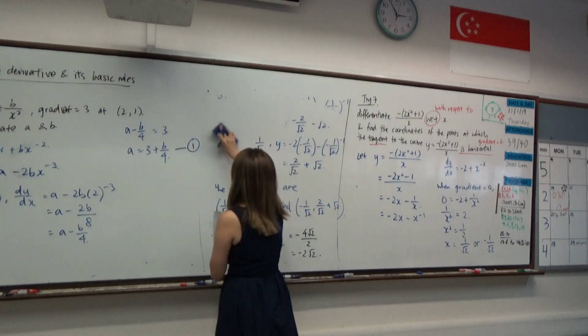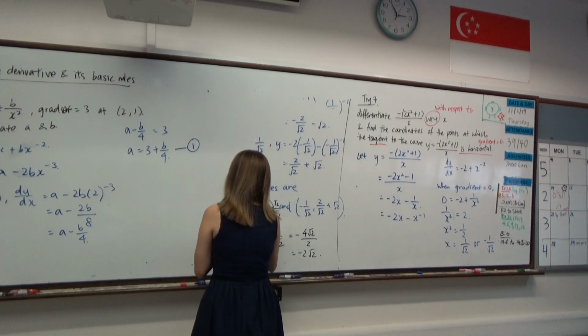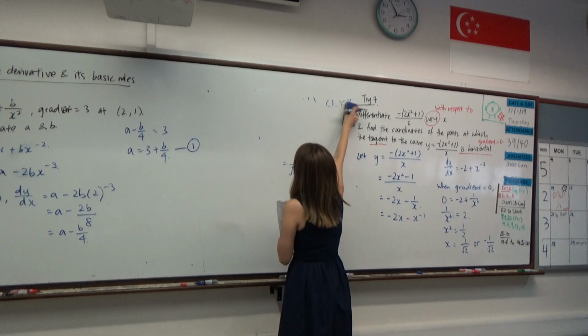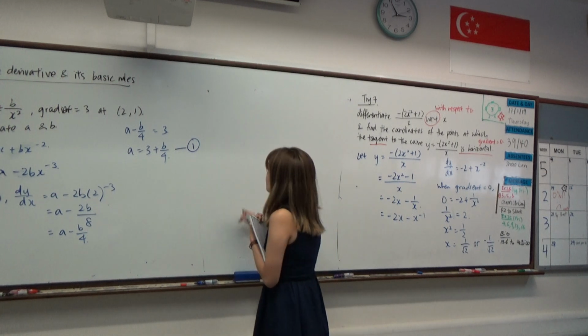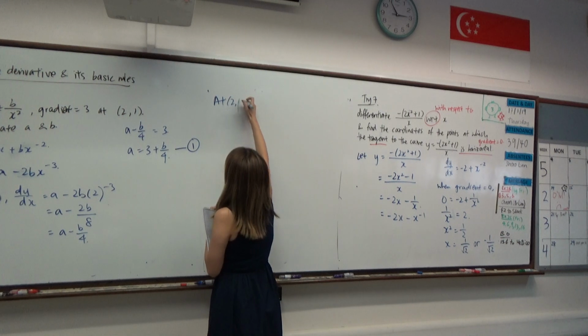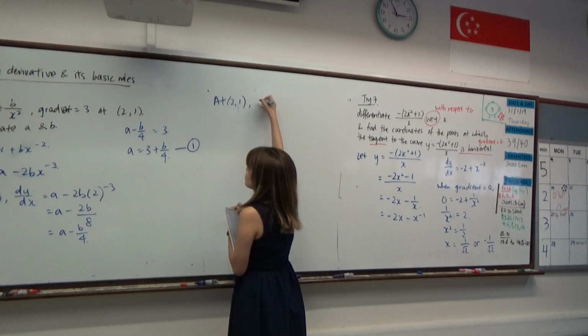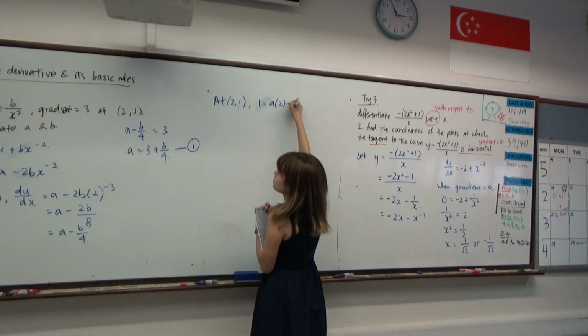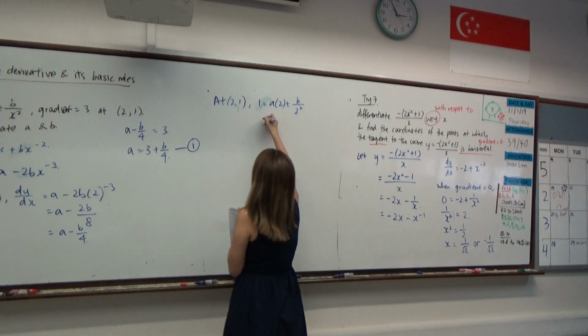So we erase this. So similarly at (2, 1), 1 is equal to a times 2 plus b over 2 squared.